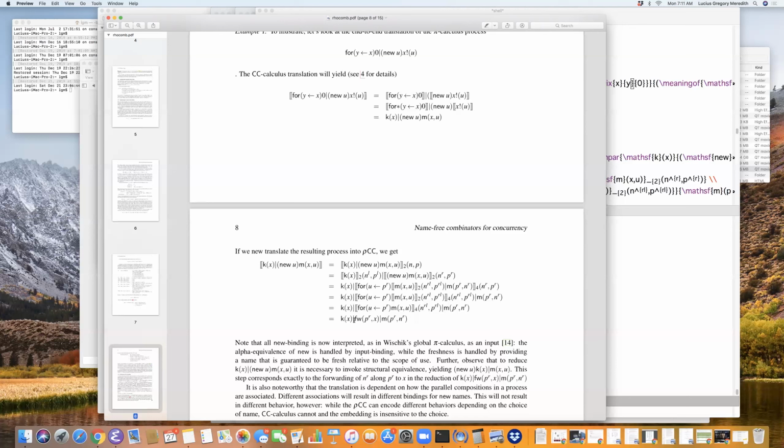And in particular, you might need to forward something that was sitting at an old name to something that's sitting at the name that's actually being used. And that's exactly what happens here. So it's rather cool that the scope extrusion is directly and explicitly modeled.